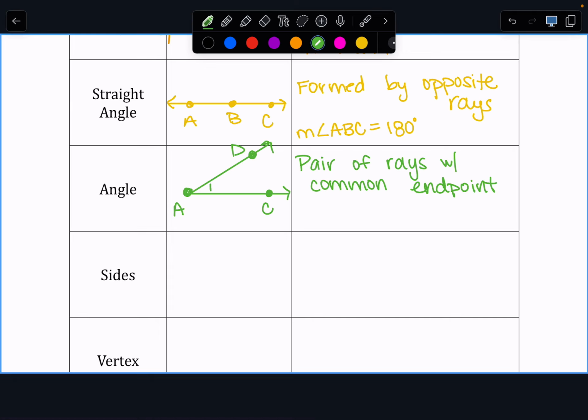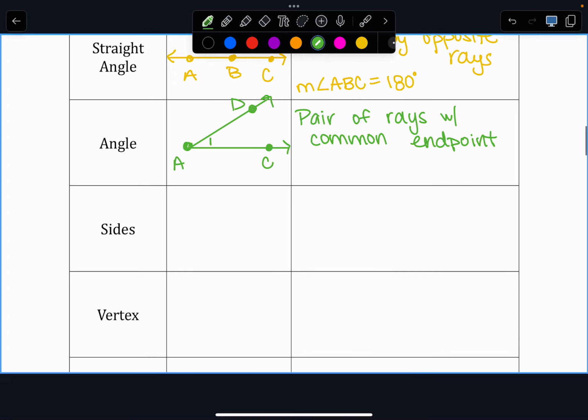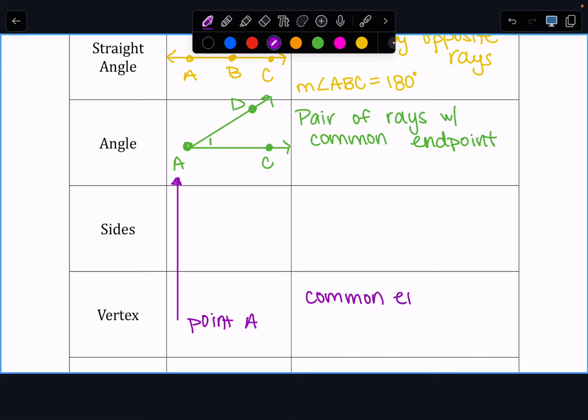Now, let's talk about how an angle has a vertex and two sides. In this picture, what do you think the vertex is? A, okay? So in our picture, our vertex is point A, because the vertex is the common endpoint from our rays.